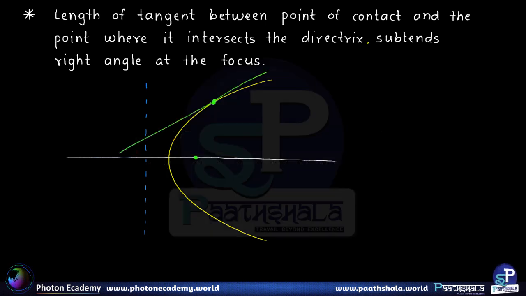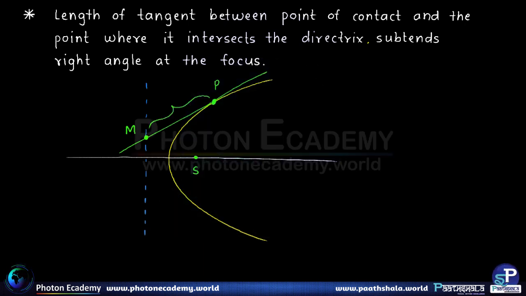So this is a general point P, this is the focus S, and let us consider M as the point where the tangent intersects the directrix. What this property says is, this particular part of the tangent, that is segment PM, subtends a right angle at the focus. So if we join M and P to the focus, then they subtend a right angle. So the angle PSM is a right angle.